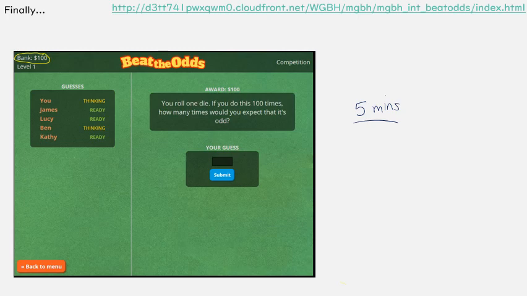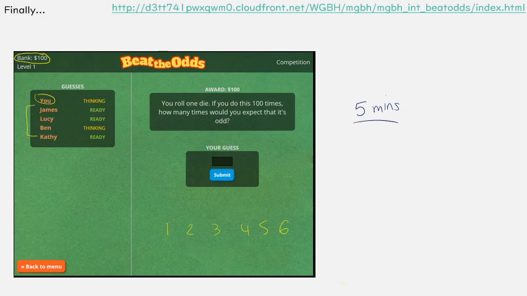Here's you here, and these are just the computer players who you'll be playing against. You're given a question like this. You roll 1 dice. If you do this 100 times, how many times would you expect that it's odd? So you've got to think in your head, how many times do you reckon it will happen? Well, if we were actually to do the maths, a dice has 1, 2, 3, 4, 5, and 6.